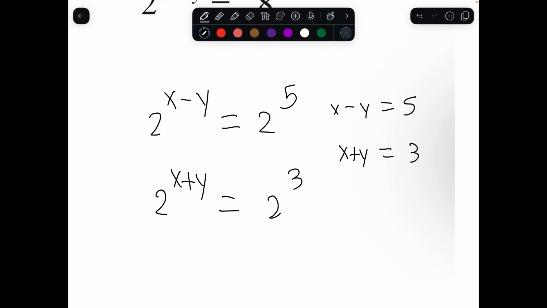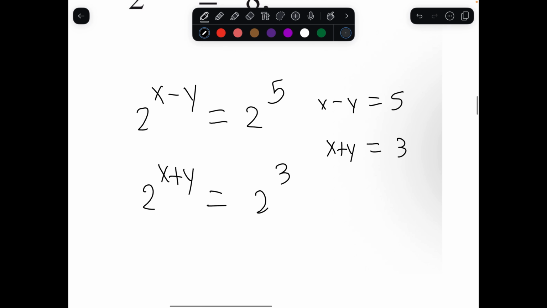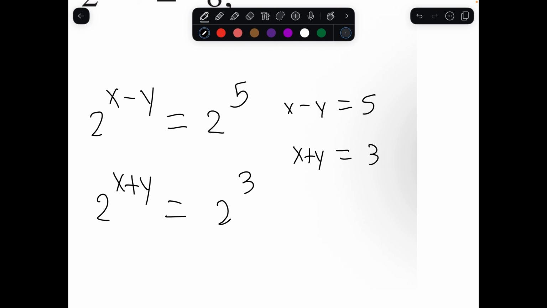Now let's solve for y. We're actually going to solve for x first. If we add these two equations, the y's cancel out, as negative y plus y is 0, and x plus x is 2x, and 5 plus 3 is 8. If you solve for x, you get x equals 4.